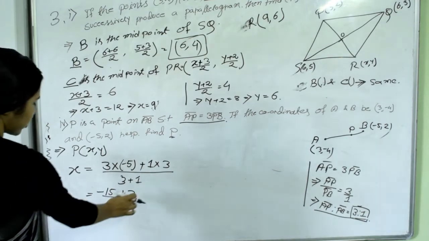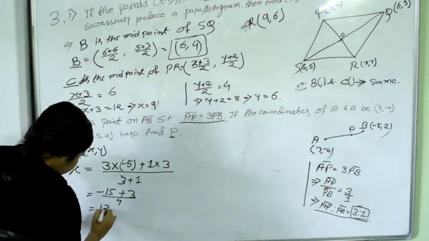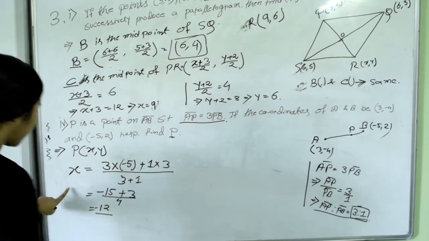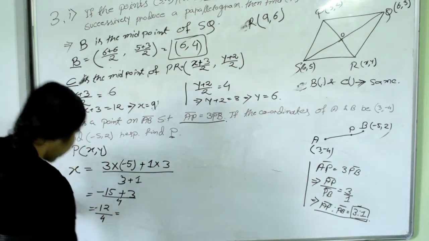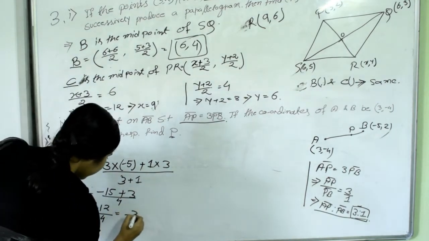So subtracting 3 from 15, we get minus 12 by 4, which equals minus 3.